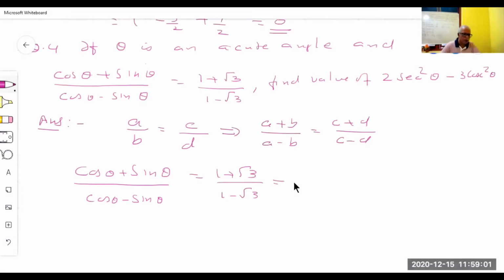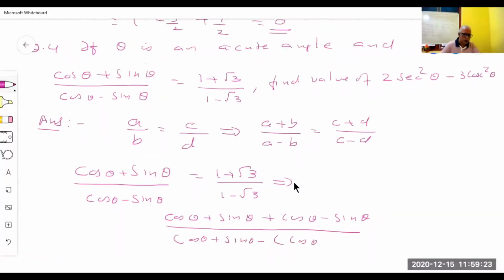You get cos theta plus sin theta plus cos theta minus sin theta divided by cos theta plus sin theta minus cos theta minus sin theta is equal to 1 plus root 3 plus 1 minus root 3 divided by 1 plus root 3 minus 1 minus root 3. This is what we did.